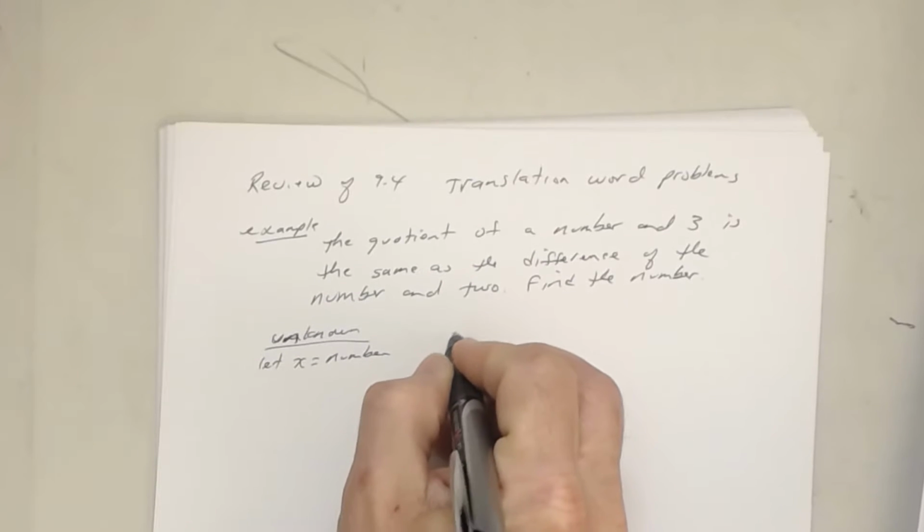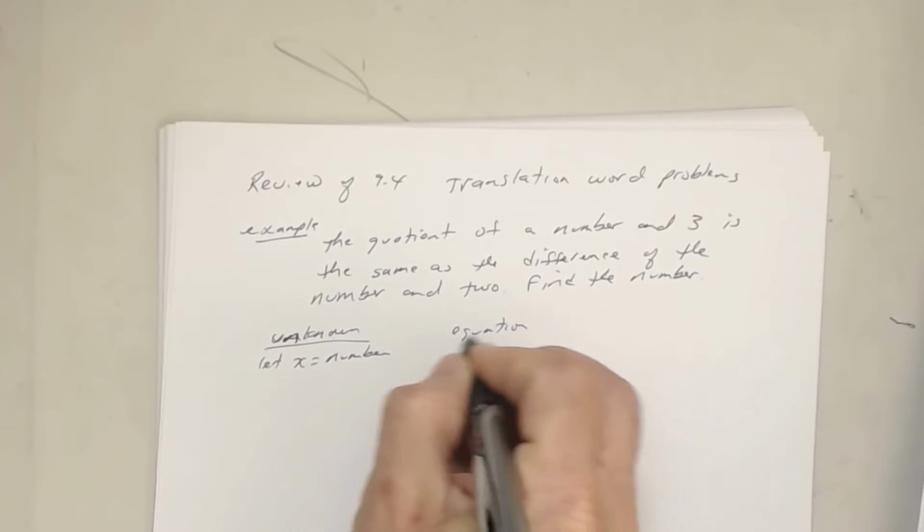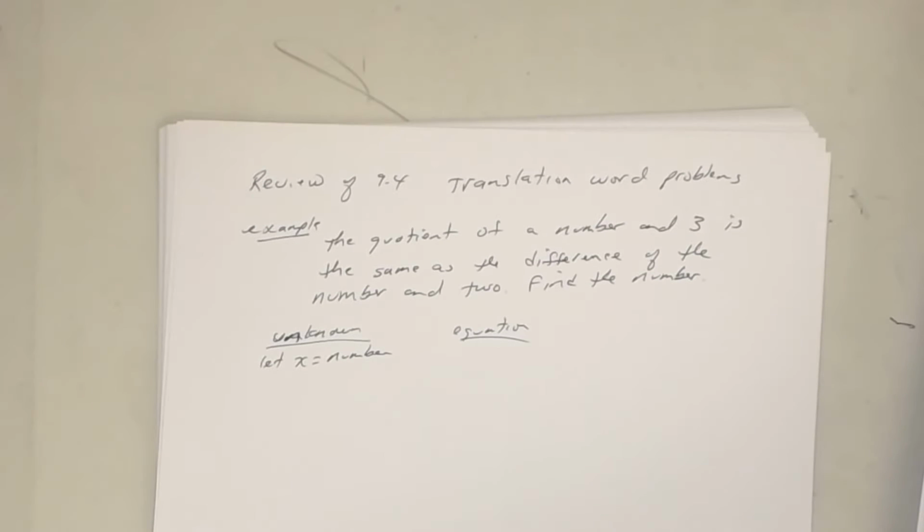Okay, now we're going to set up the equation. This is a translation word problem, so as you read the sentence, you write out what it says. The first part: what is quotient? What does that mean? Division. The quotient of a number and 3.